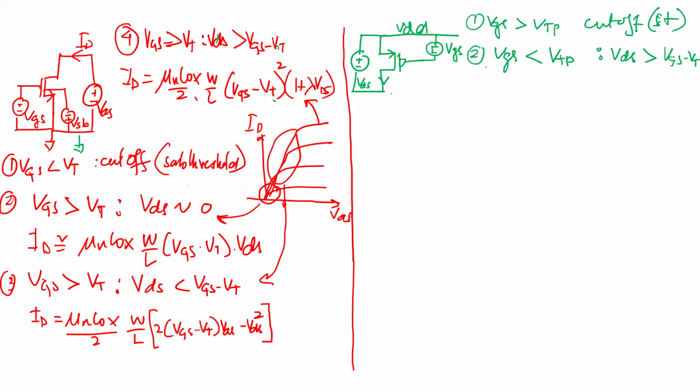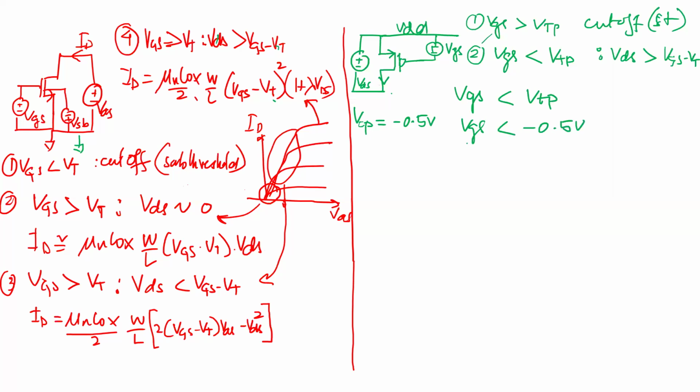So for example, in the 0.18 process you're using, the NMOS VT is around 0.5 volts, and the PMOS is probably minus 0.5 volts. So if VTP is equal to minus 0.5 volts, that means in order to turn it on, VGS should be less than VTP, or in other words, VGS should be less than minus 0.5 volts.